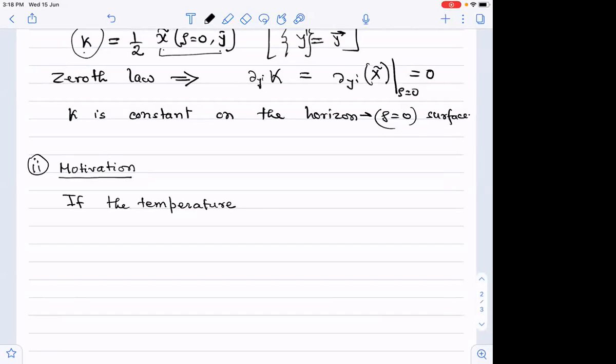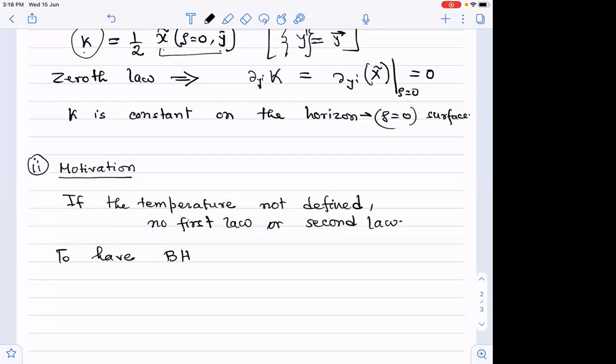If temperature is not defined, like if it depends on y^i, then it's not a constant temperature even in an equilibrium situation. So not defined, no first law, no second law. So the zeroth law is important because we need to have a constant temperature to have black hole thermodynamics working properly, even for higher derivative theory.